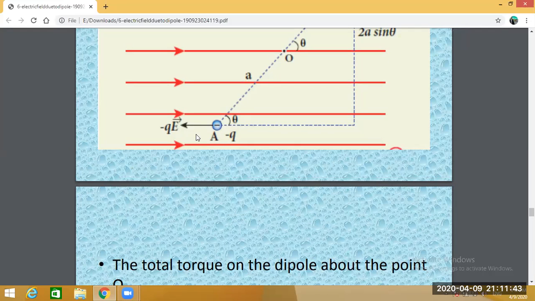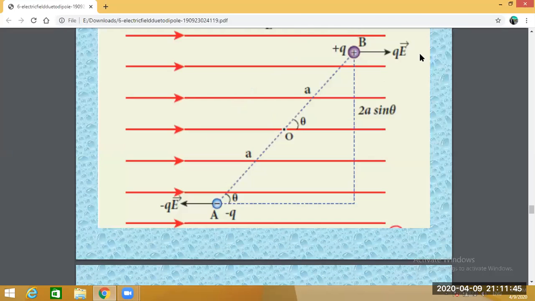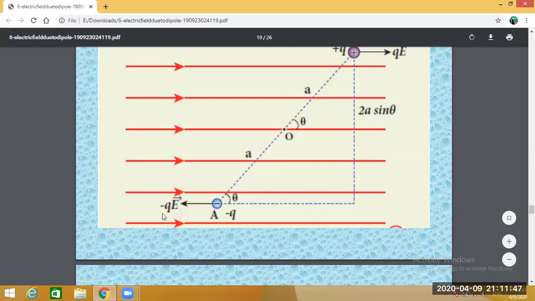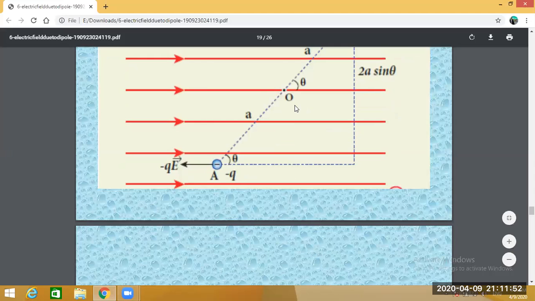So the vector sum of these two forces is 0. QE plus minus QE is 0. Therefore, no linear motion will be produced in the electric dipole.